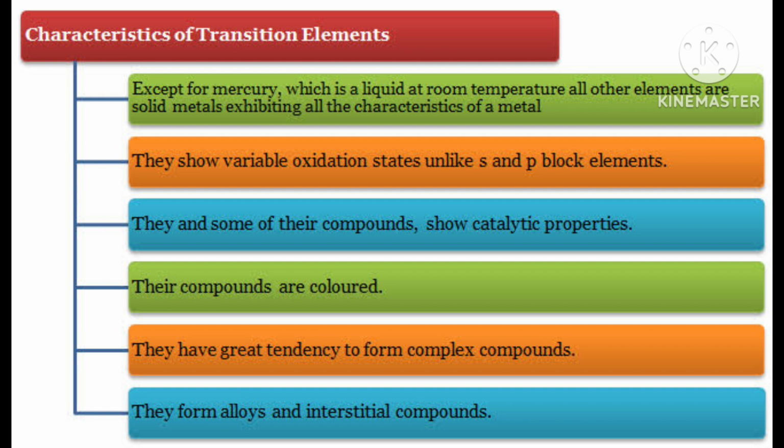64 is Gd, gadolinium, and 65 is terbium, Tb, capital T, small b. 66 is Dy, dysprosium, and 67 is Ho, holmium, and 68 is Er, erbium. 69 is thulium, Tm, and 70 is Yb, ytterbium, and 71 is lutetium, Lu.